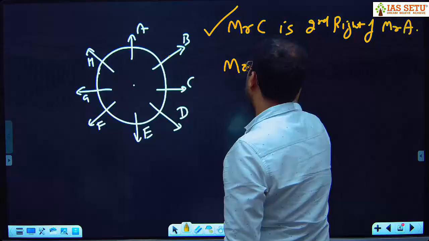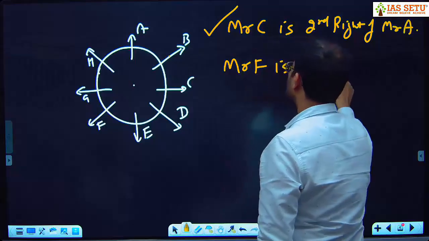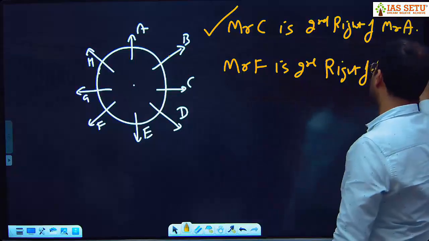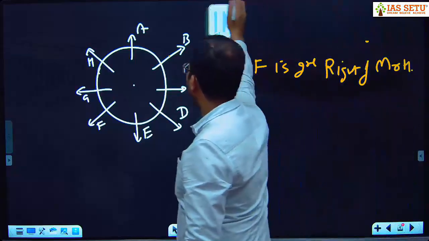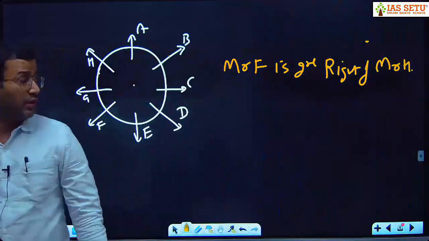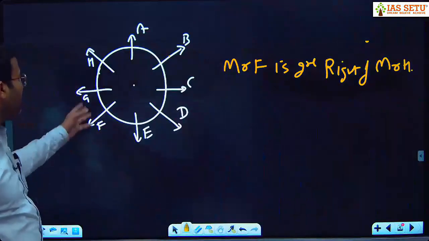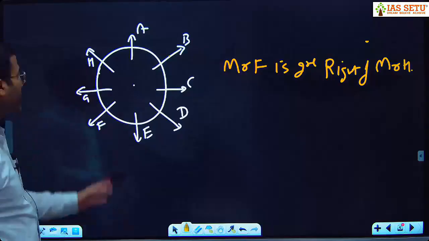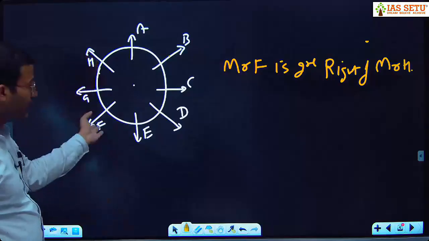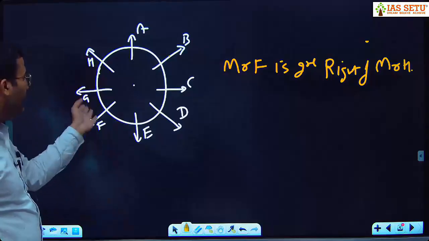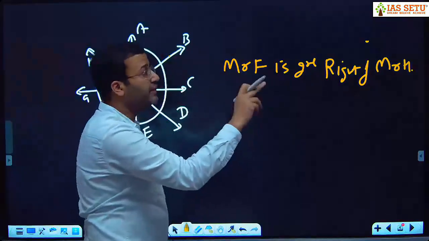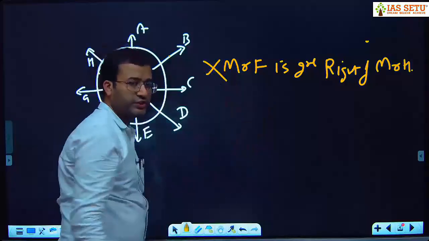Mr. F is second right of Mr. H. Check correct or wrong. Mr. F is second right of Mr. H. You see, with respect to H, this is H. Is it left or right? This is H's left, right? First left, second left. So your answer has to be Mr. F is second left of Mr. H. So this is wrong.